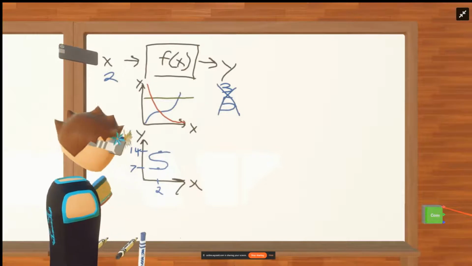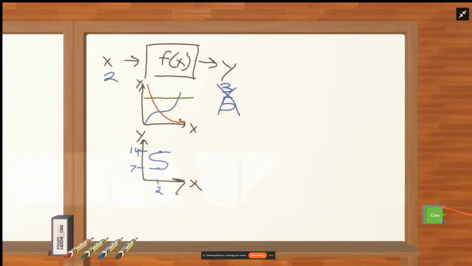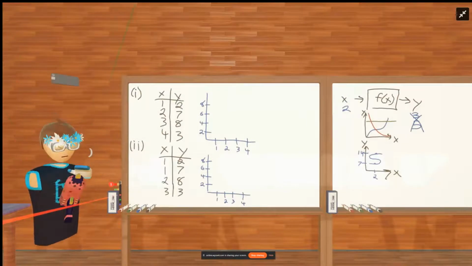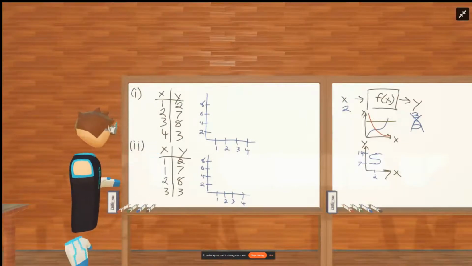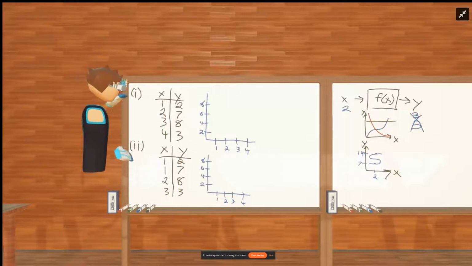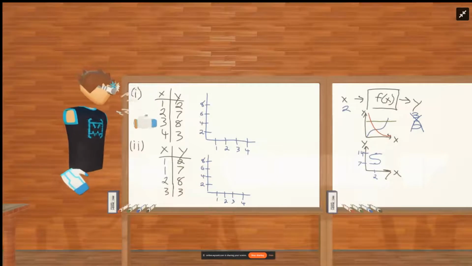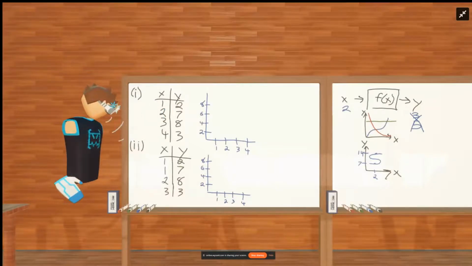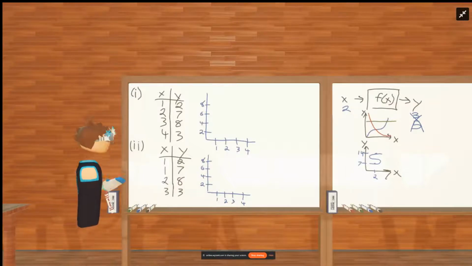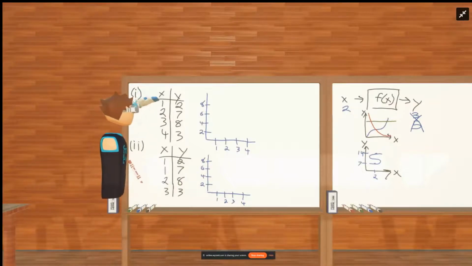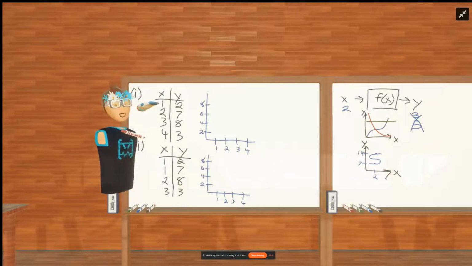So to get to your actual question, let's come over here where I have your actual tables. One way to approach it is to start graphing out the table onto graph paper. We can start by taking each x and plotting it to its y. So let's start with x equals 1.